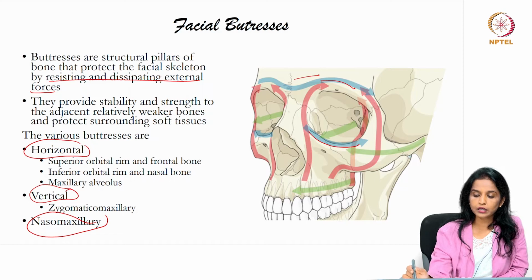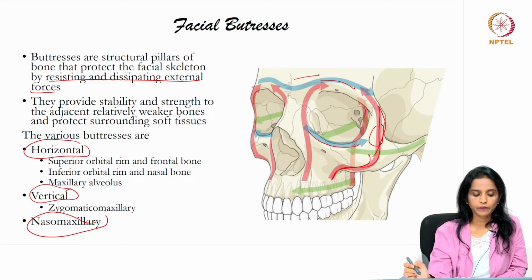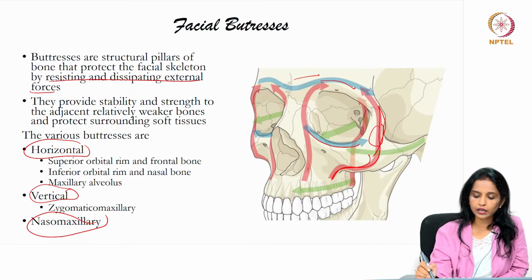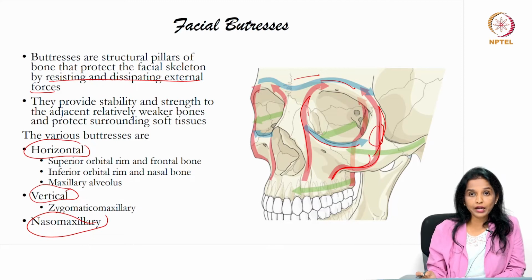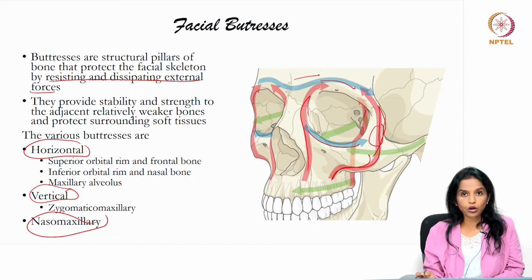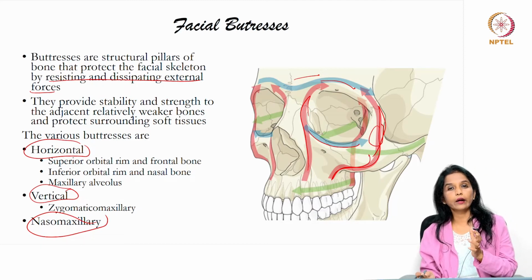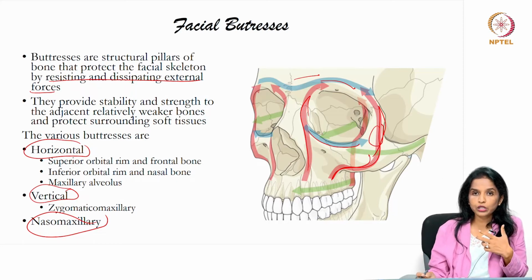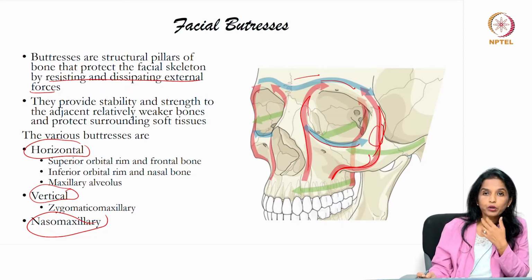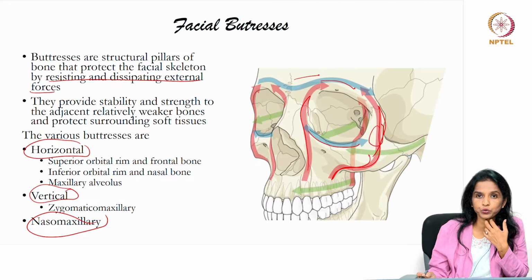The vertical buttress is inclusive of the zygomatic component and the maxillary component, and then we have the nasomaxillary component forming another important buttress. So, buttresses are structural pillars which contribute to strength, to protect the adjacent weaker bones and also the adjacent soft tissues.